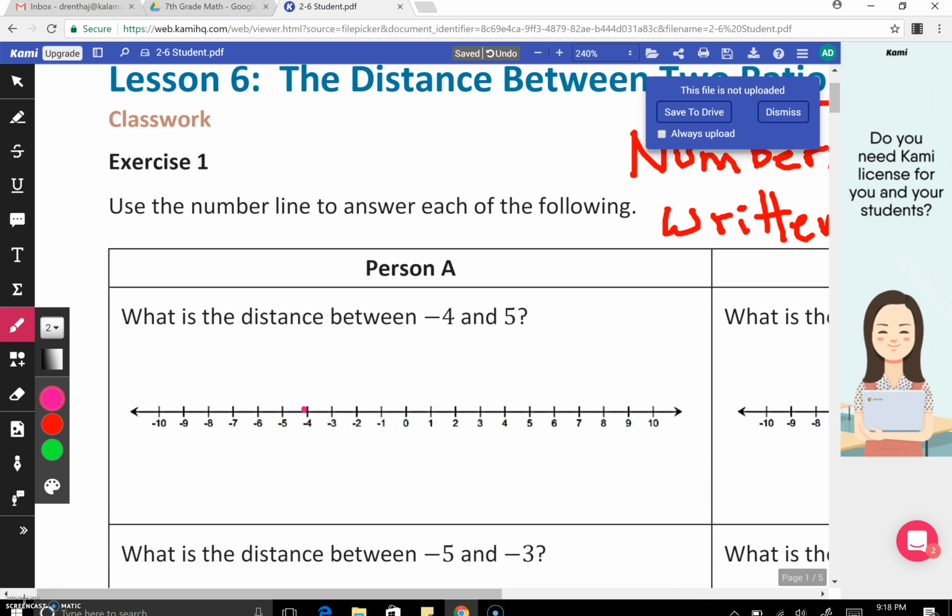You're just going to put a nice neat point at -4 and a nice neat point at 5, and we're just going to count the space between them. 1, 2, 3, 4, 5, 6, 7, 8, 9. So the distance between -4 and 5 is 9.